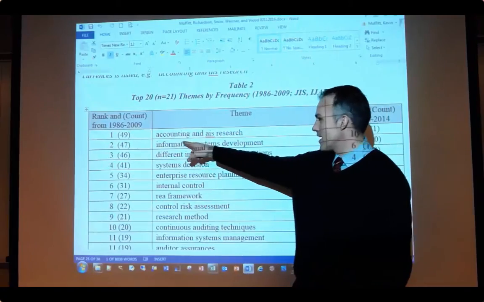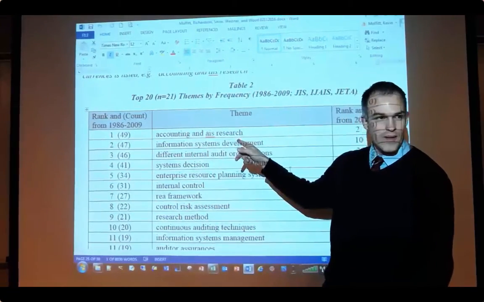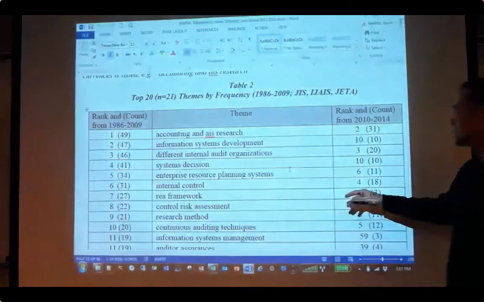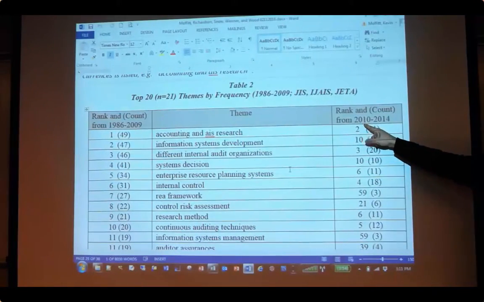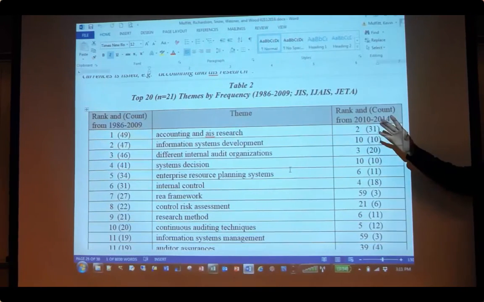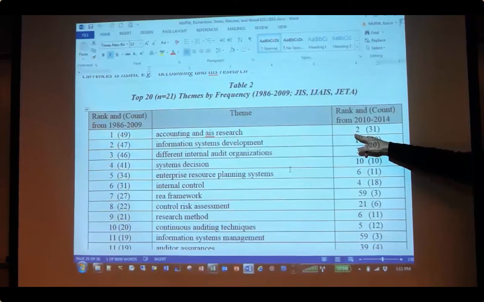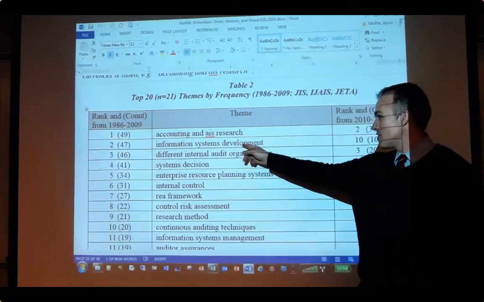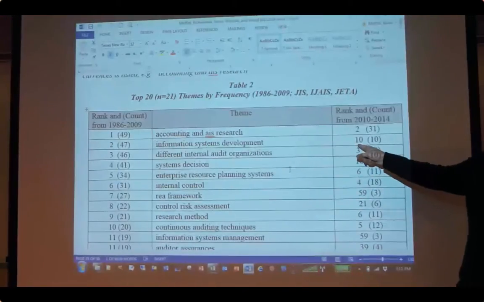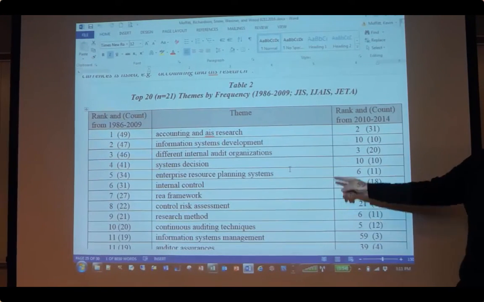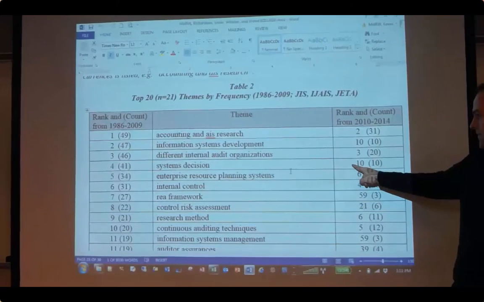Accounting and AIS research was the top theme. And here it says what the rank of that theme is from the last 5 years. Here it's number 2, so it's still at the top. Information systems development goes from number 2 to number 10. And this one stays at number 3.